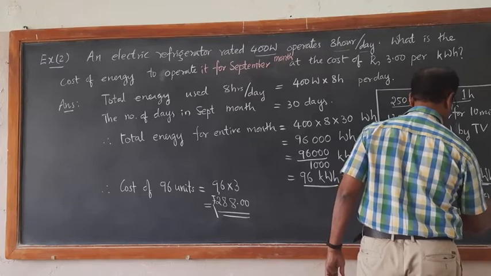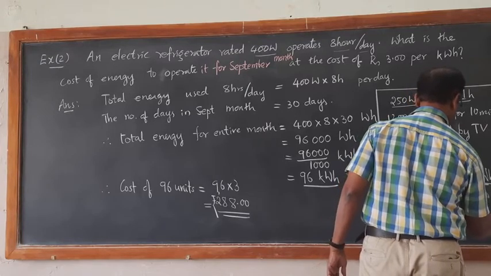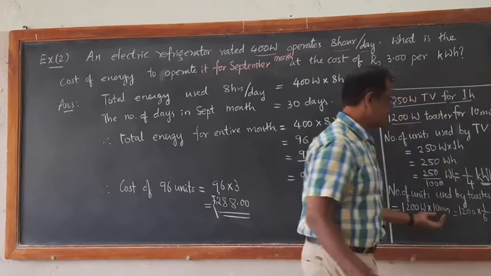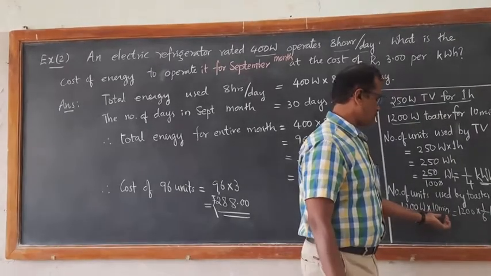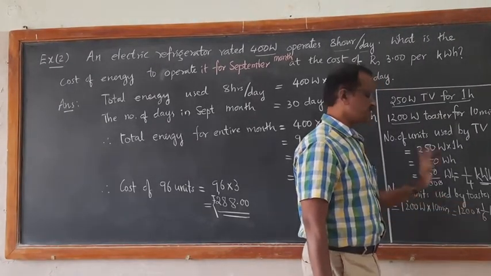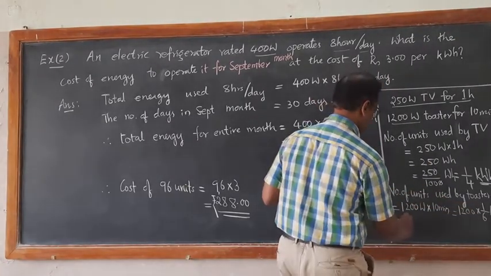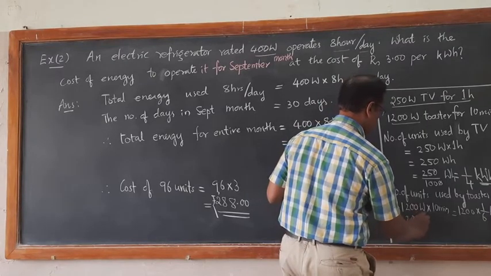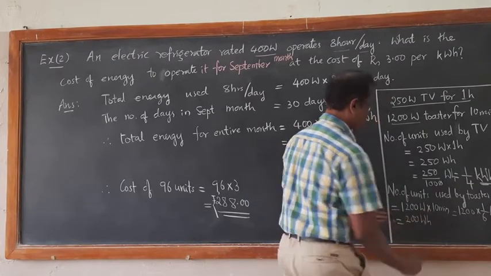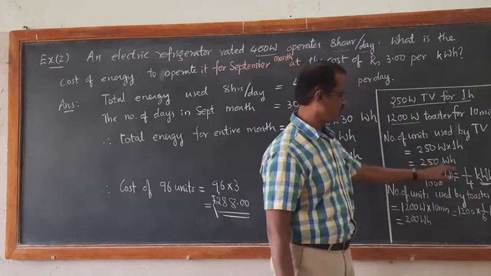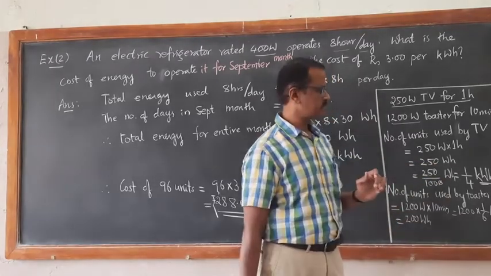1200 into 1/6 of an hour. So it becomes 200 watt hour. Now you can see here it is 250 watt hours, here it is 200 watt hours.